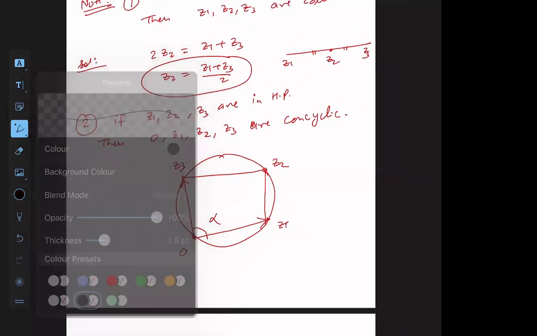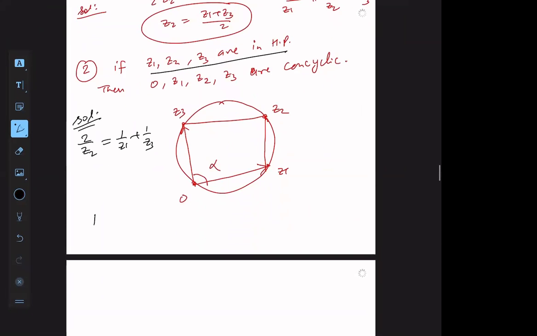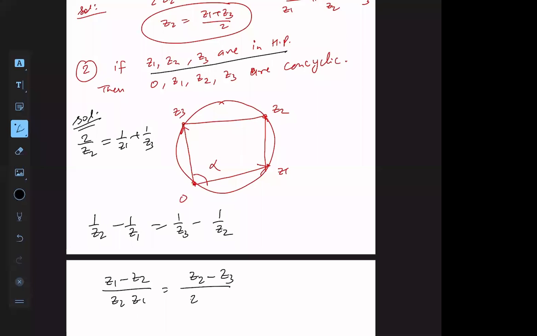Now see, Z1, Z2, Z3 are in HP. It means what is the relation between Z1, Z2 and Z3? 2 by Z2 is equal to 1 by Z1 plus 1 by Z3. So I'm writing this in this form: 1 by Z2 minus 1 by Z1 is equal to 1 by Z3 minus 1 by Z2. Take LCM. So Z1 minus Z2 upon Z2 Z1, Z2 minus Z3 upon Z3 Z2.